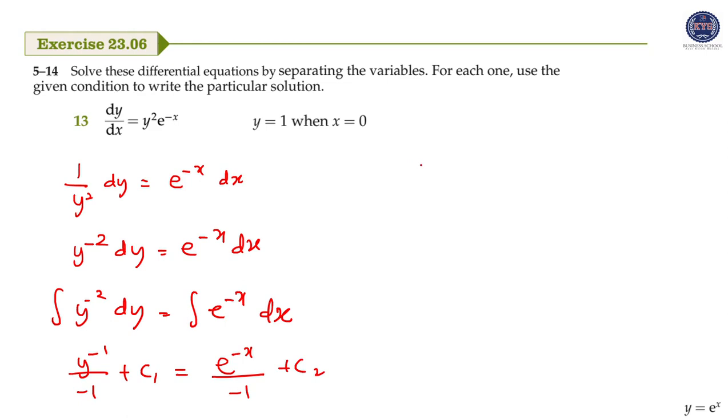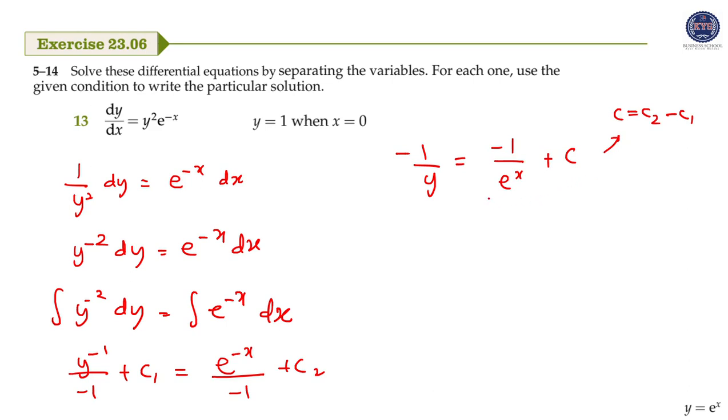Simplify further, 1 over y plus c, I want to put the plus c on the right hand side straight away, equals negative 1 over e to the x plus c. Again, c equals c2 minus c1.